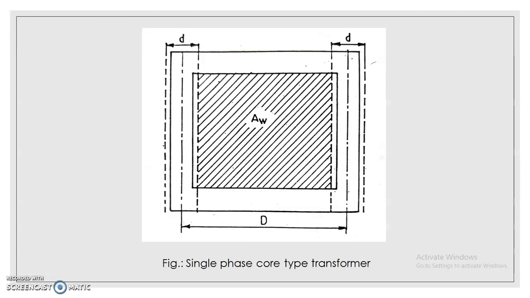This is a diagram of a simple single phase core type transformer. Let's start to find the output equation of the single phase core type transformer.